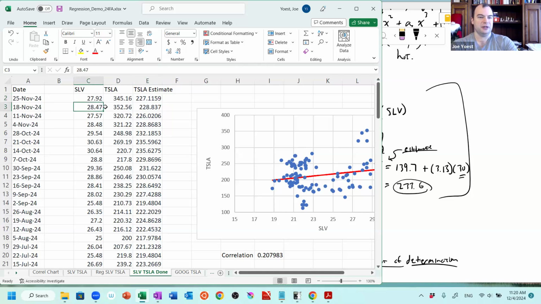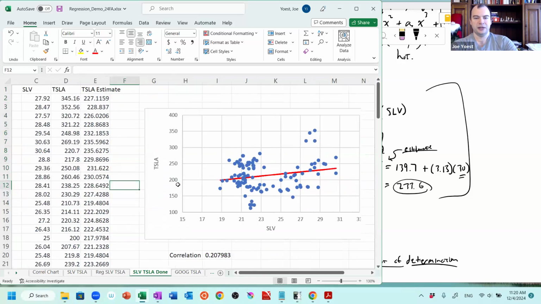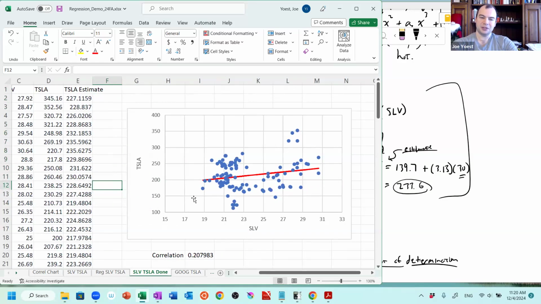So I can come down here and for each of these data points where I have actual Tesla data, I can compute an estimate under my model for Tesla's price. I can overlay my estimate numbers on the actual graph of the actual data. So these blue dots here, the actual data, this is actual observed data from the real world.